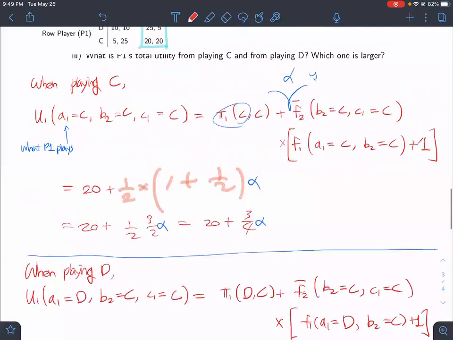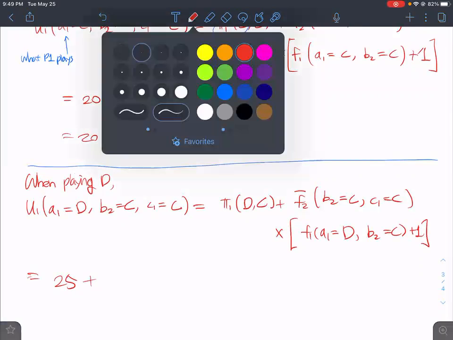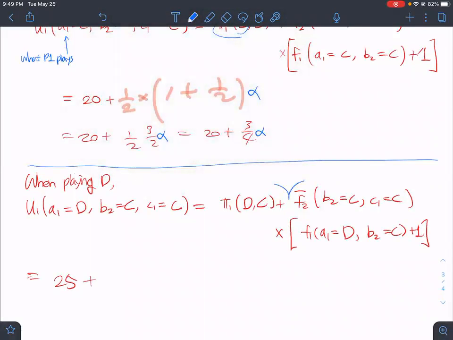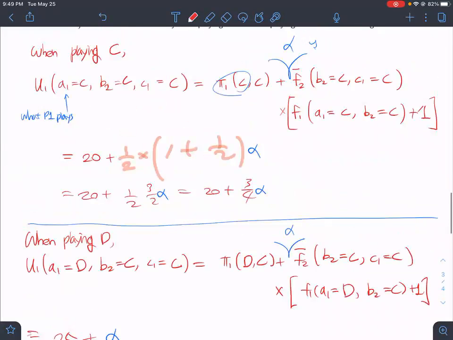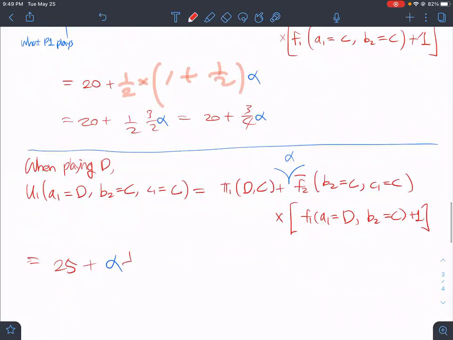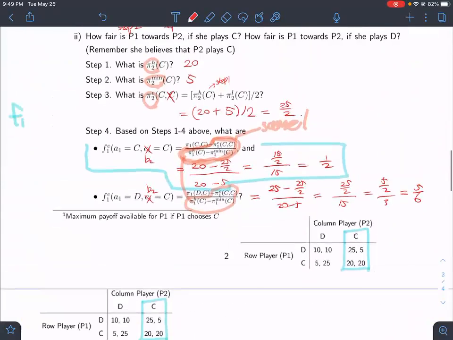F2 bar. I forgot to put alpha again. Same mistake. If I was solving this in the final exam, I would get some points off. F2 bar is already computed above. It is 1/2. And then we have 1 plus, what was this? We already computed that above.